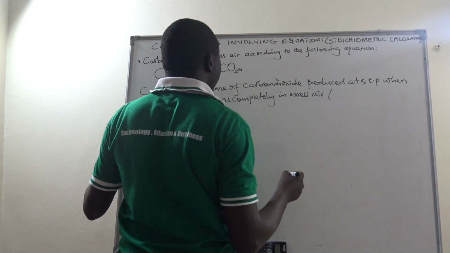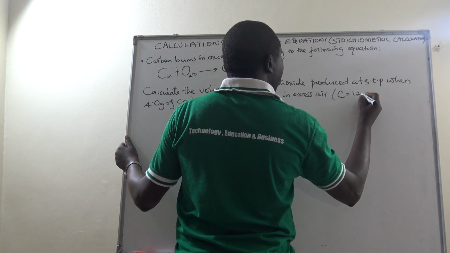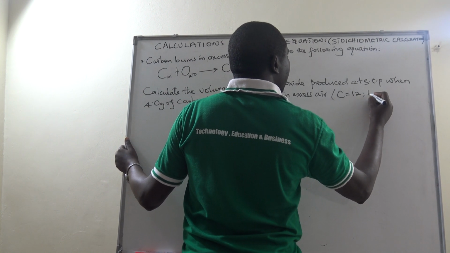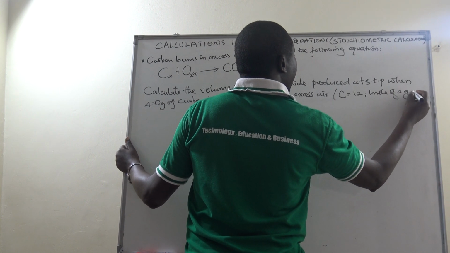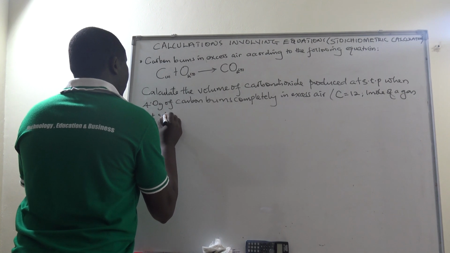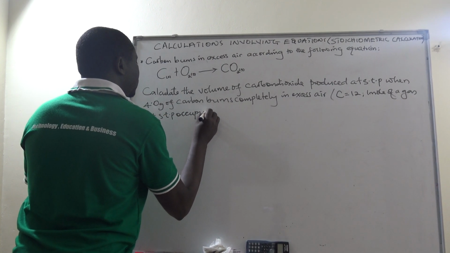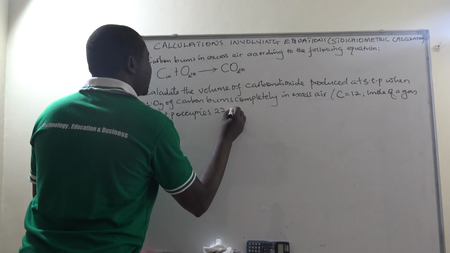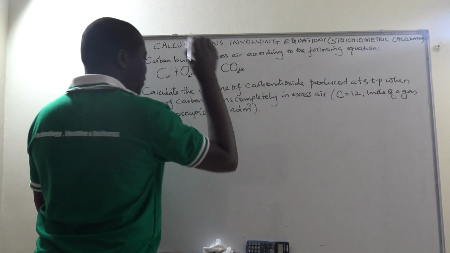And these values may help us. The relative atomic mass of carbon is 12, and 1 mole of a gas at STP occupies 22.4 cubic decimeters or decimeters cubed.